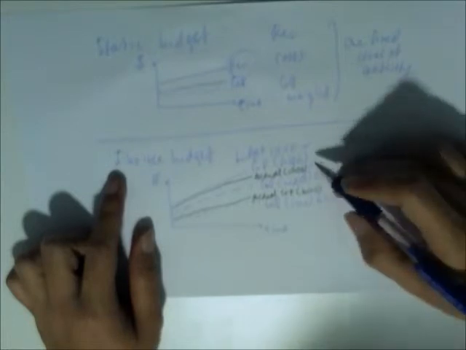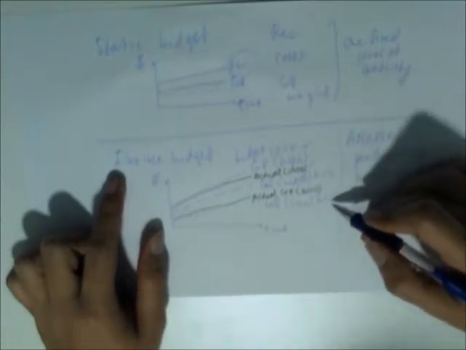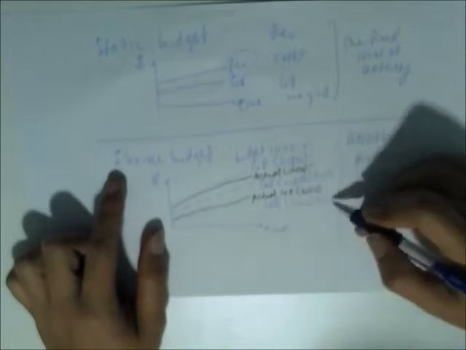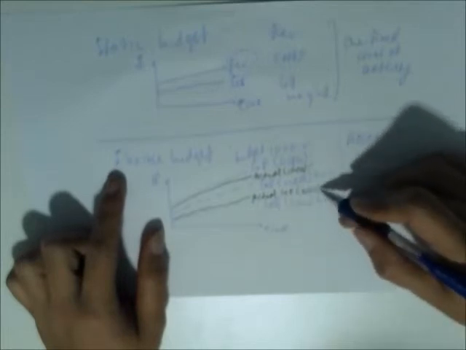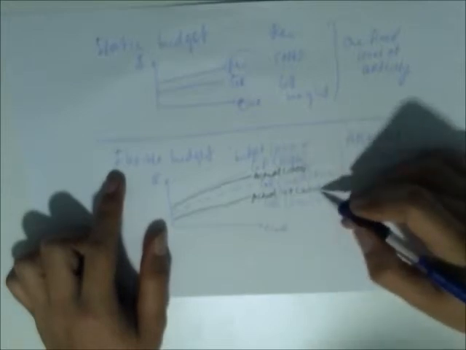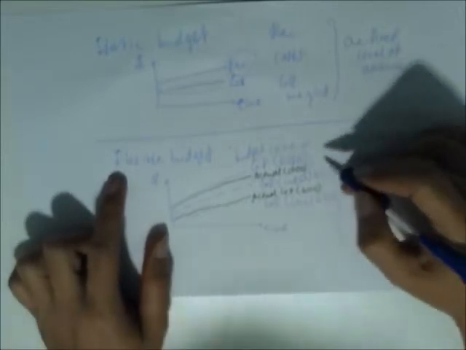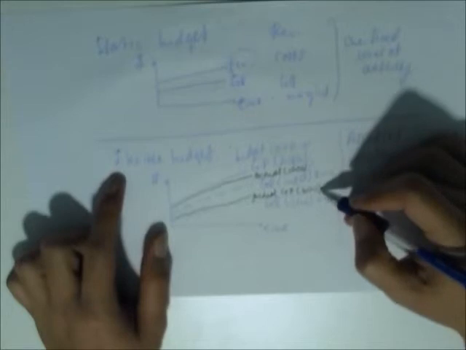So if your GP was based on 600 units, then flexible budget will provide the budget GP for 600 units and you're able to compare on the correct basis. Okay, rather than comparing actual GP of 600 units versus budget of 1000 units of GP, because truth is that if you're going to compare performance, you should assess budget performance of 600 versus actual performance of 600. That would be a fair comparison.